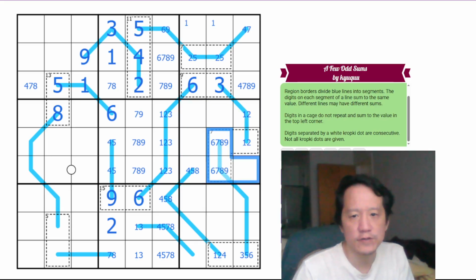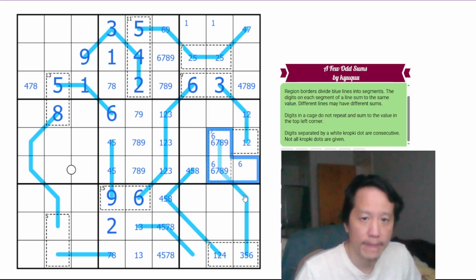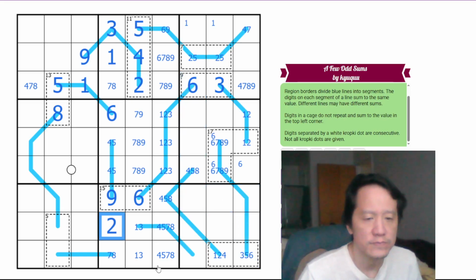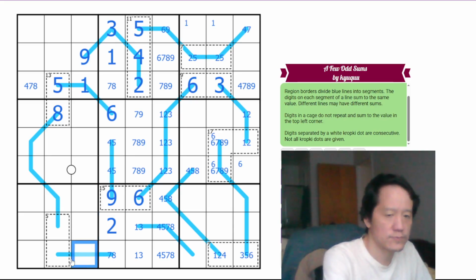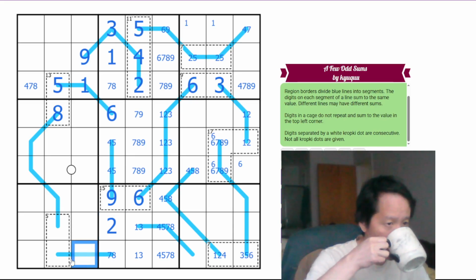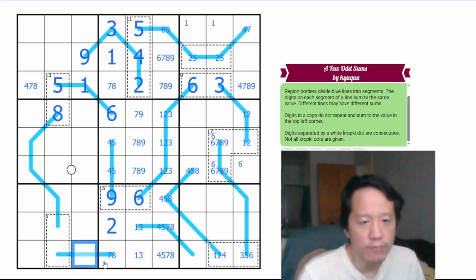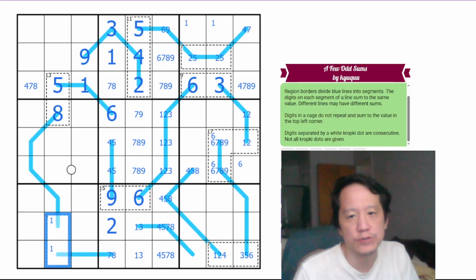6 is one of these 3 cells. 6 can't be here or here, so 6 is one of these 3 cells. Now this is interesting. This adds up to, okay, this is 1, 2, 3, or 4 here.